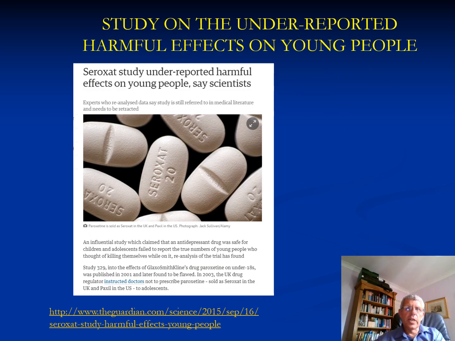Let's look at another example. Paroxetine is an antidepressant of the SSRI class. It is used to treat various types of depressive disorder. In a reanalysis of the original trial, published in the British Medical Journal, the authors say that the beneficial effects of paroxetine on young people were far less, and the harmful effects were far greater than the original study suggested.